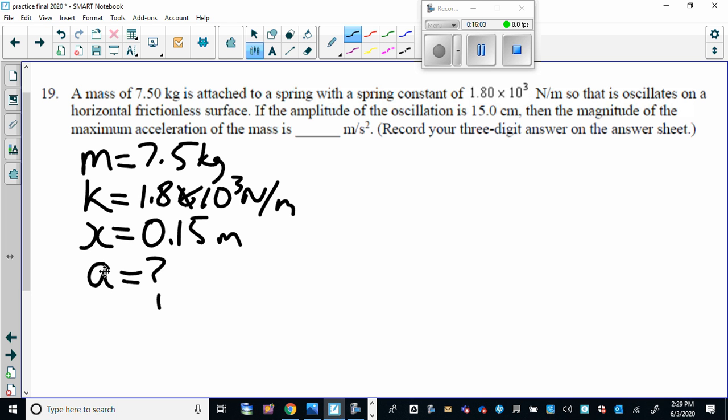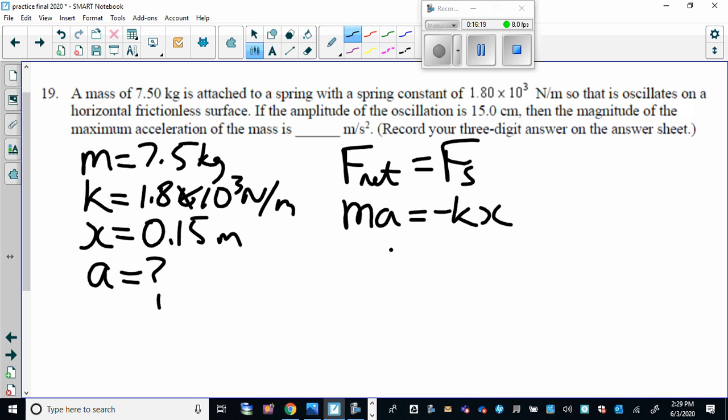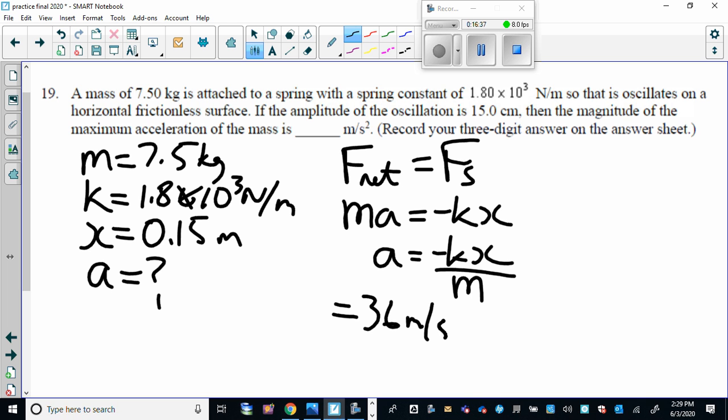So for masses on horizontal springs, we should know that the restoring force equals the net force. And once you've got that, it's a simple plug the numbers in and solve, and you end up getting an answer of 36 meters per second squared.